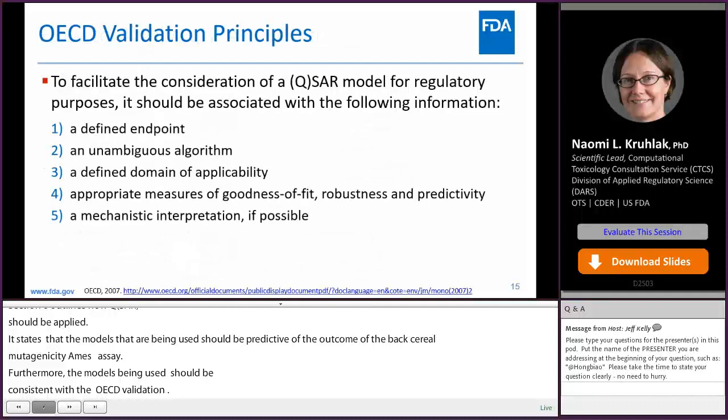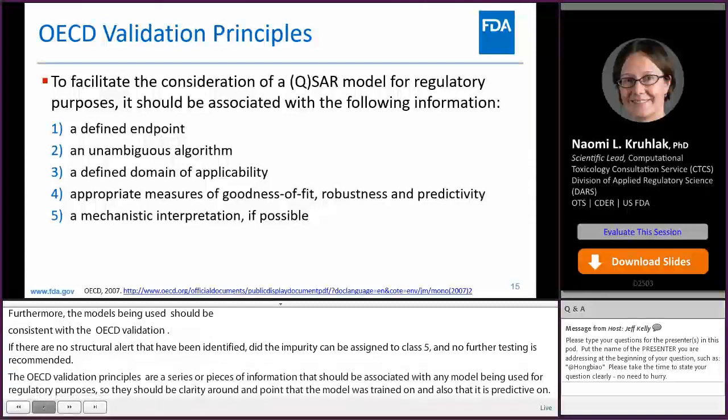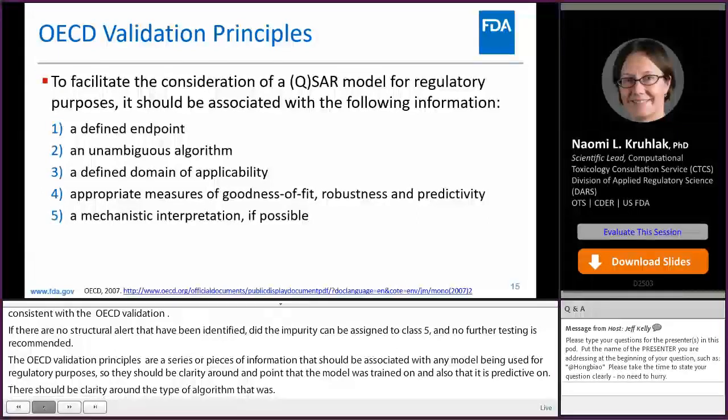The OECD validation principles are a series of pieces of information that should be associated with any model that's being used for regulatory purposes. So there should be clarity around the endpoint that the model was trained on and also that it's predictive of. There should be clarity around the type of algorithm that was used. As a reviewer, we need to be able to tell whether the prediction is expert rule-based or statistical-based, and also knowing the algorithm gives us some insights into how to interpret the model output.